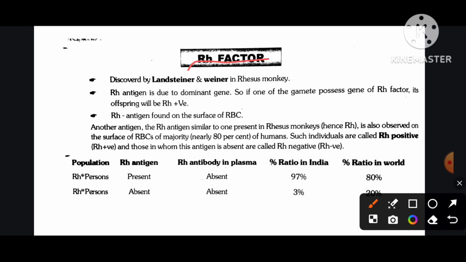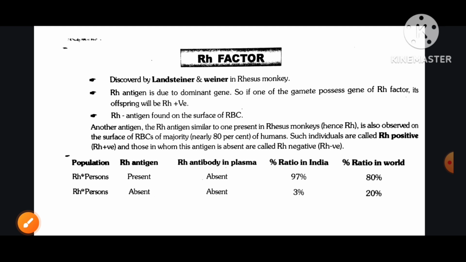Rh factor, discovered by Landsteiner and Weiner in the rhesus monkey. Rh antigen is due to a dominant gene, so if one of the gametes possesses the gene of Rh factor, its offspring will be Rh positive. Rh antigen is found on the surface of RBC.